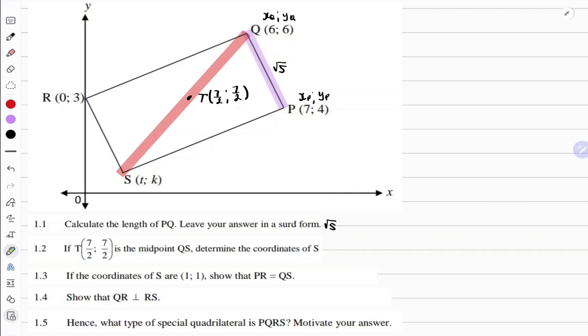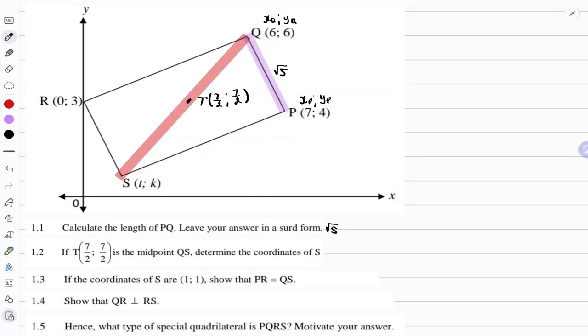So let's apply the midpoint formula. We can say the midpoint of QS, which is equals to T, is equals to (XS plus XQ over 2, YS plus YQ over 2).